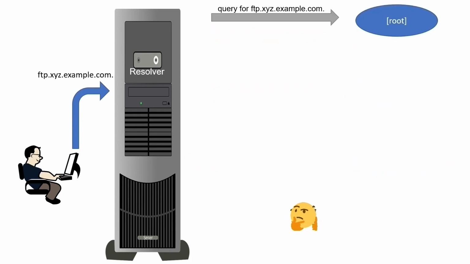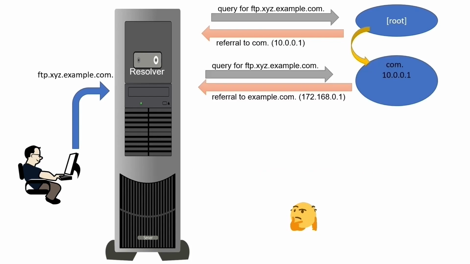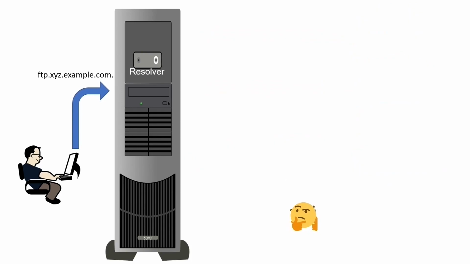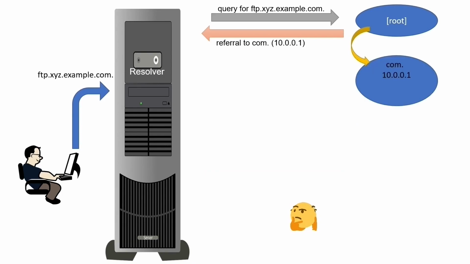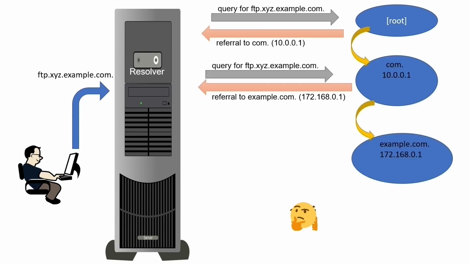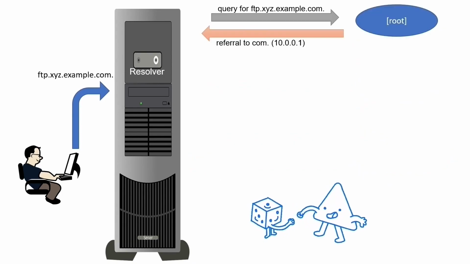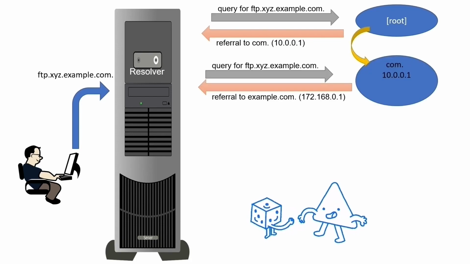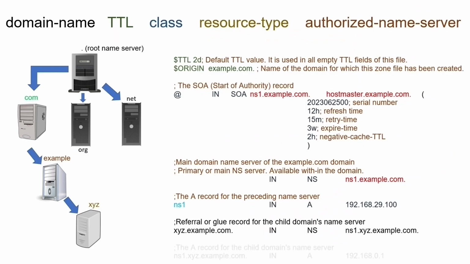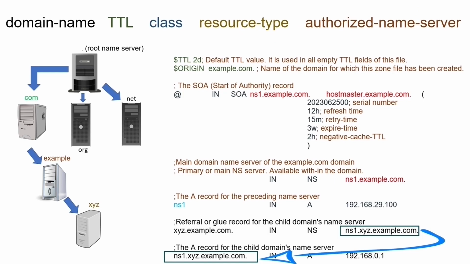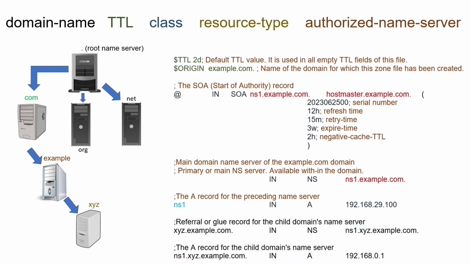Since the resolver system can get the XYZ name server's IP address only from the example name server, and the example name server does not provide it, the resolver system will keep repeating this process. It creates an infinite loop of queries between the resolver system and the example name server. To avoid this situation, you should always add a host record for the referral name server in the parent domain name server's zone file.